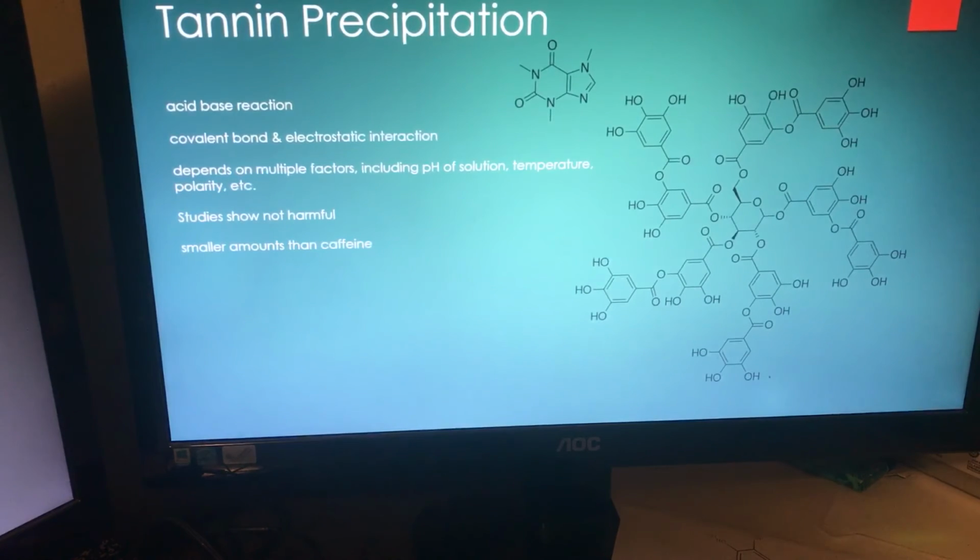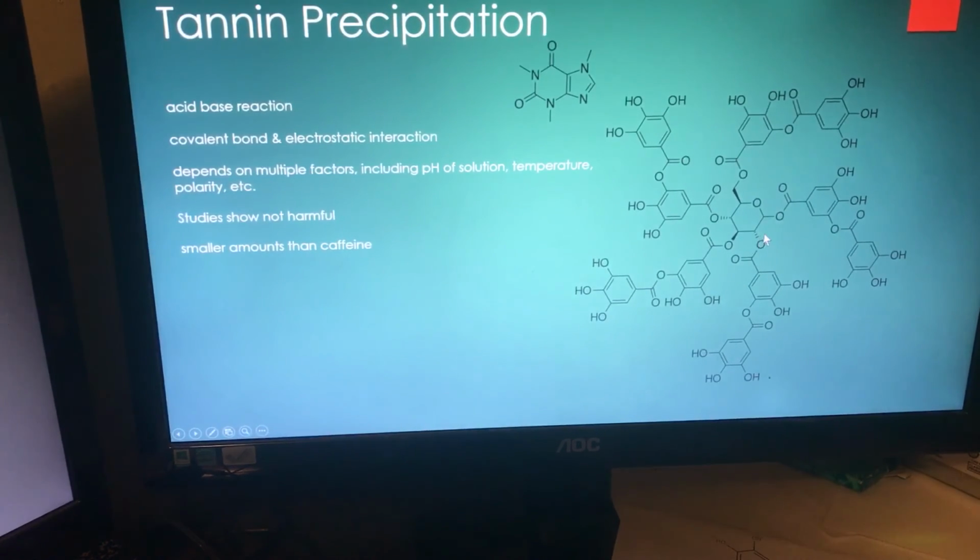If you used 1 gram of coffee beans per 8 ounces of water for a cup of coffee, the molarity of that would be 0.0004. So much smaller amounts than the caffeine, and most likely apparently not harmful.